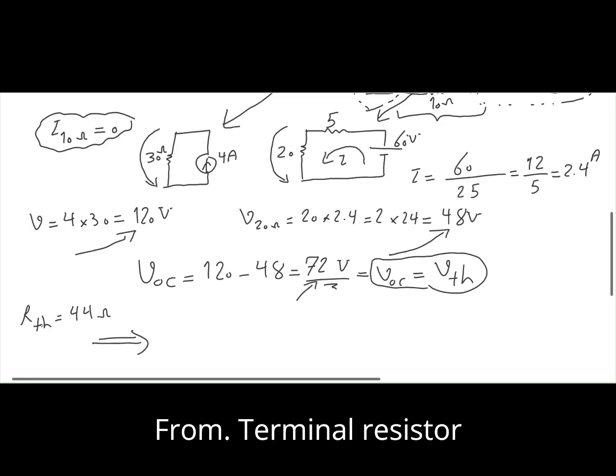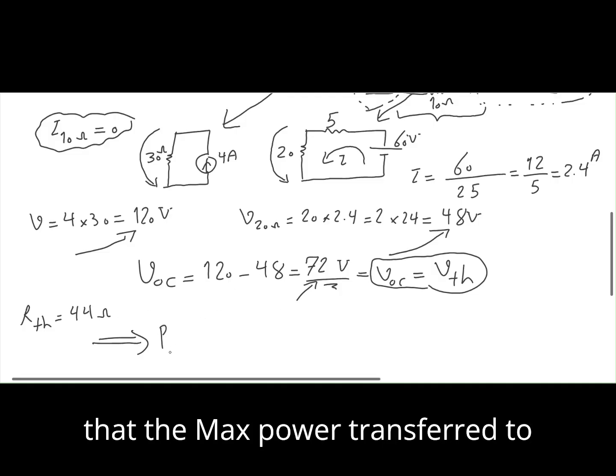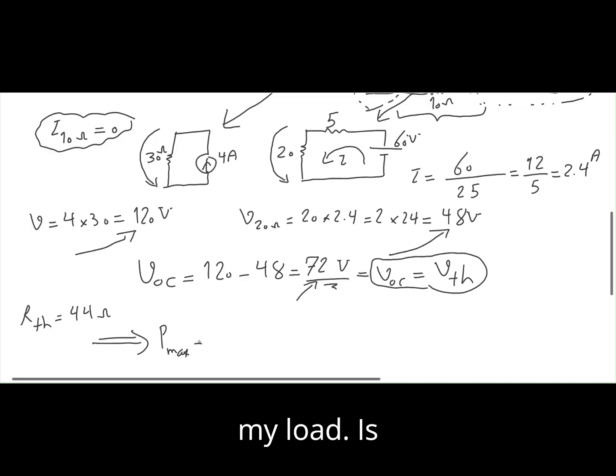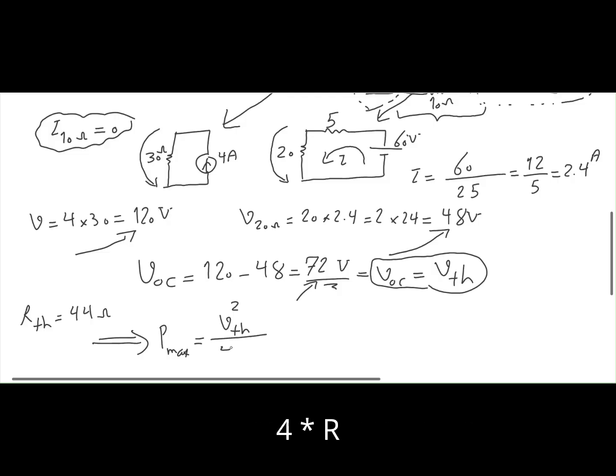From the Thevenin resistor and Thevenin voltage, I know that the max power transferred to my load is V Thevenin squared over 4 times R Thevenin. So let's figure it out. It's 72 squared over 4 times 44.